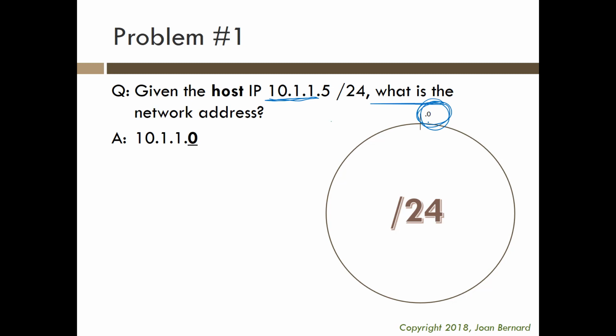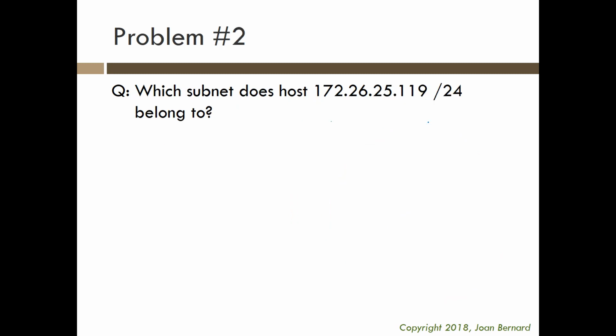So the answer, given the host IP 10.1.1.5/24, what's the network address? 10.1.1.0. All right. How about this one? Which subnet does 172.26.25.119 belong to if it's in the /24? Remember, don't get too worried about that IP address.